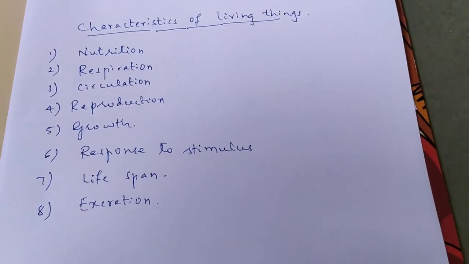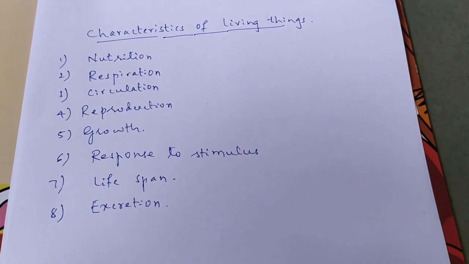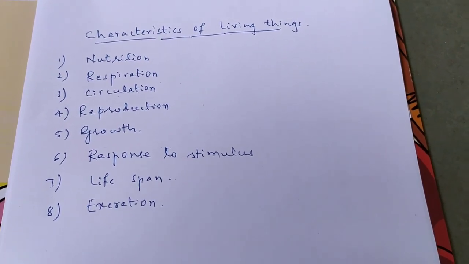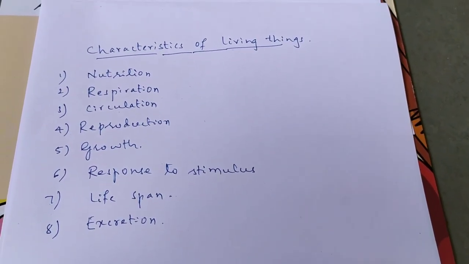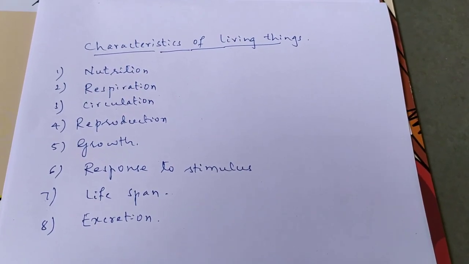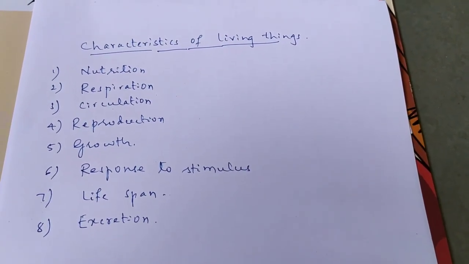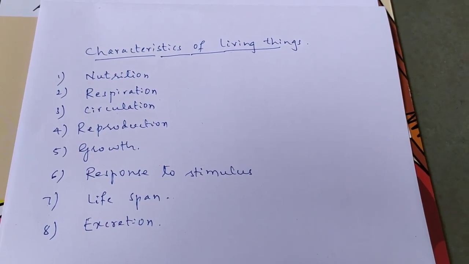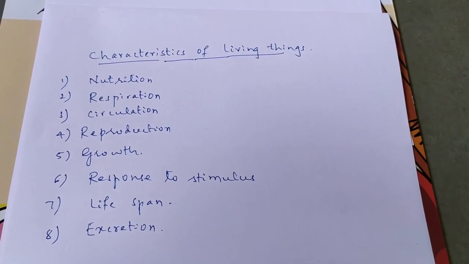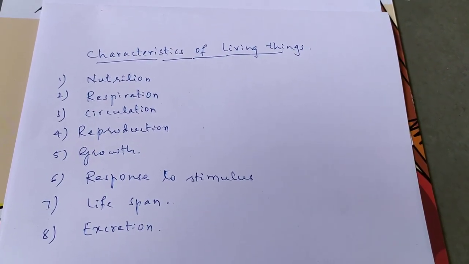So these are visible characteristics. Apart from the visible characteristics, the living things are also showing some other important characteristics, and those we call invisible characteristics. So a living thing will show not only the visible characteristics, but it will also show the invisible characteristics.